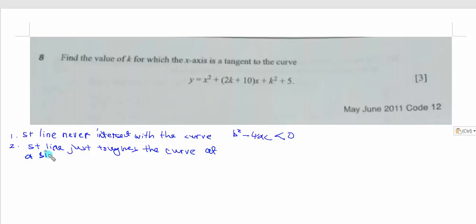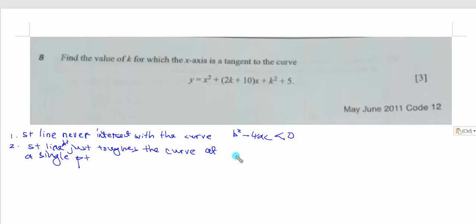At a single point, it means the straight line here is actually a tangent to the curve. Okay, so in this case, there's a specific value of the variable, in this case k, there's only one value.